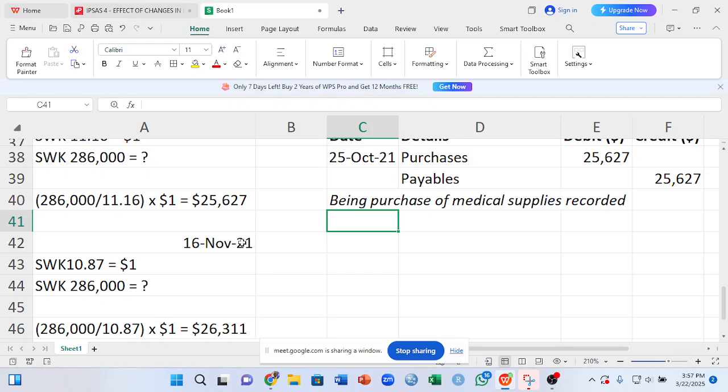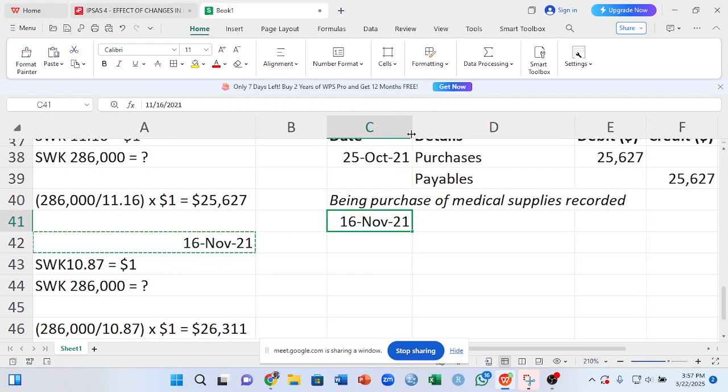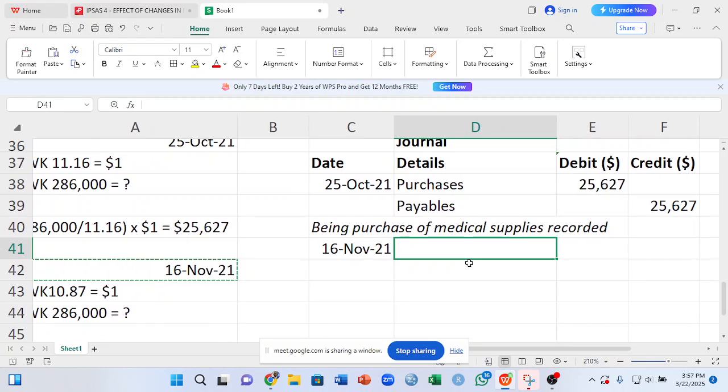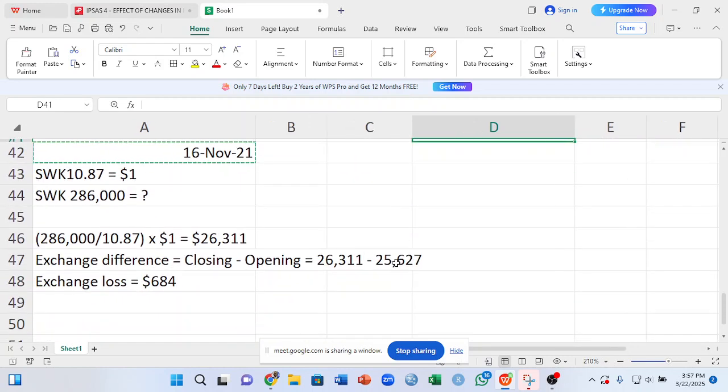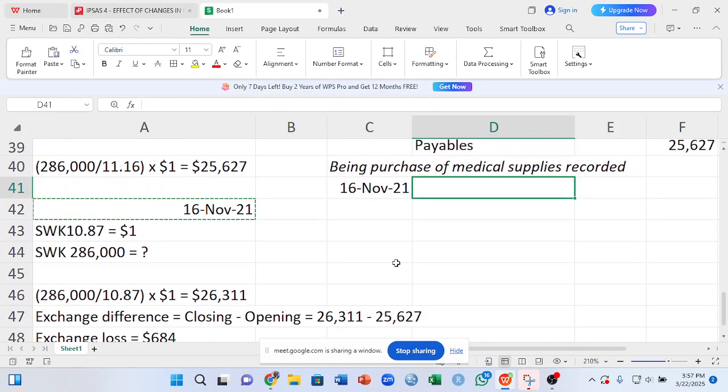Then we come to the next date, which was 16th November. Over here, we made a payment. So who can help us with the double entry? We have done that for the other one. What are we debiting?